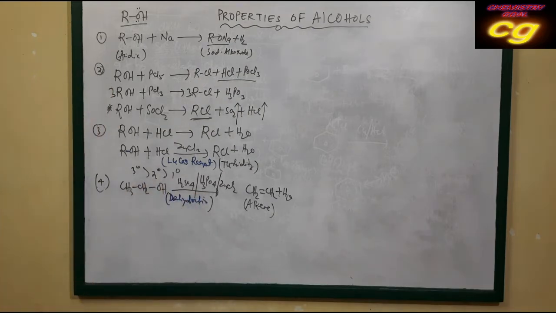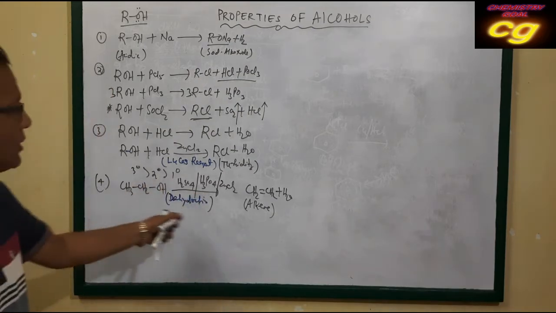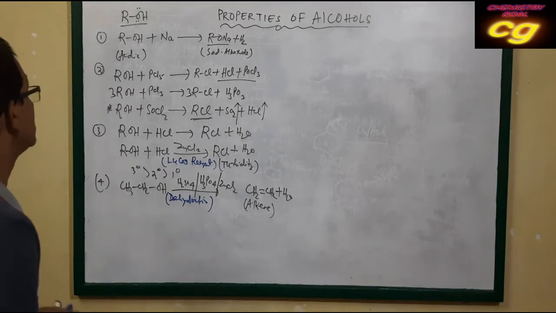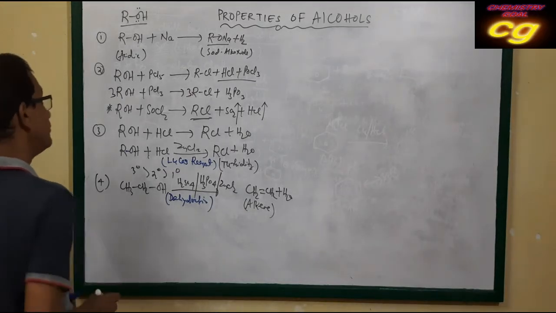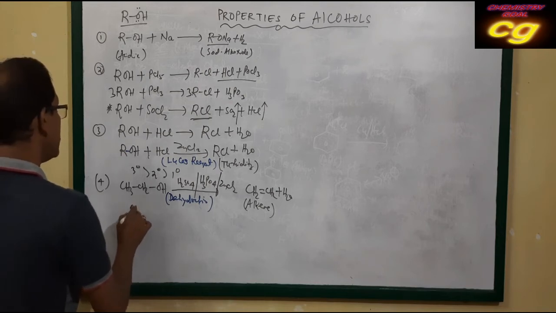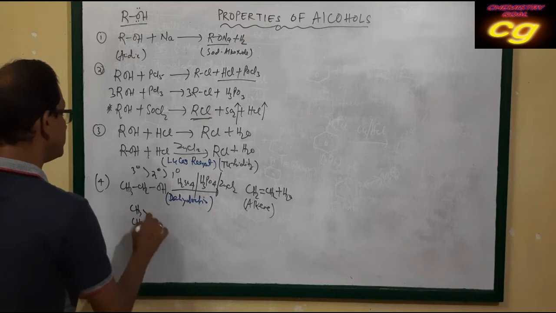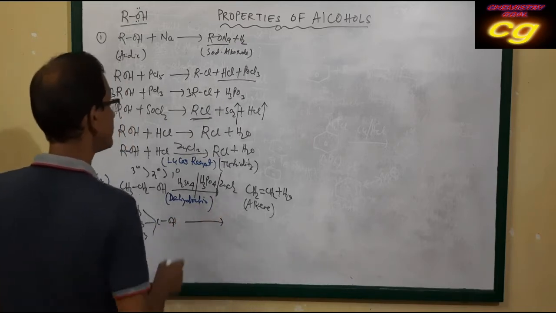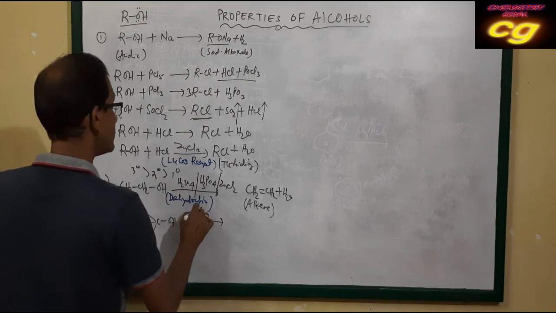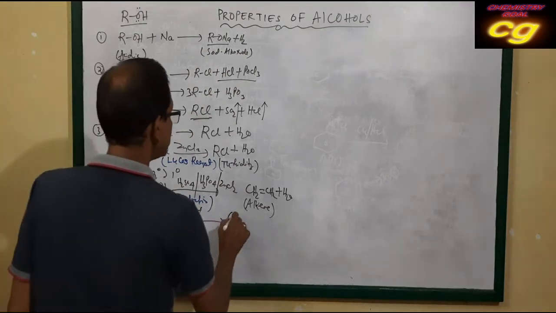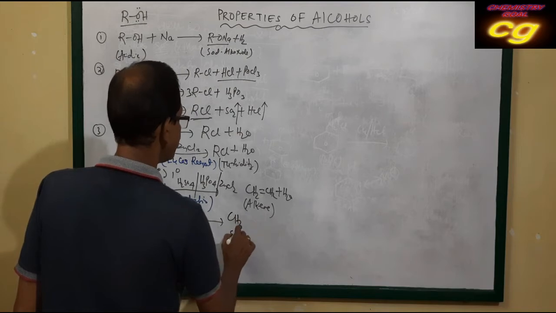Dehydration of alcohol forming alkene. But if you take tertiary alcohol, if you take it like this, under the same condition, same concentrated sulfuric acid, the result will be a substituted alkene.